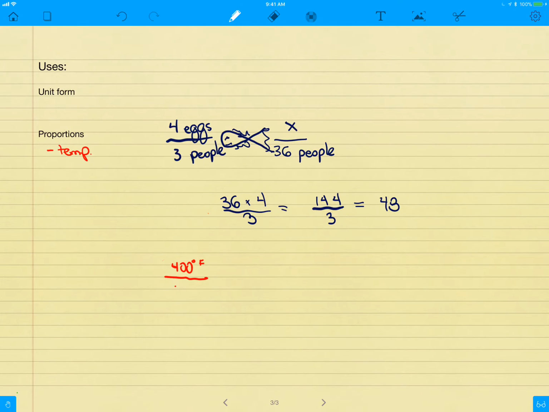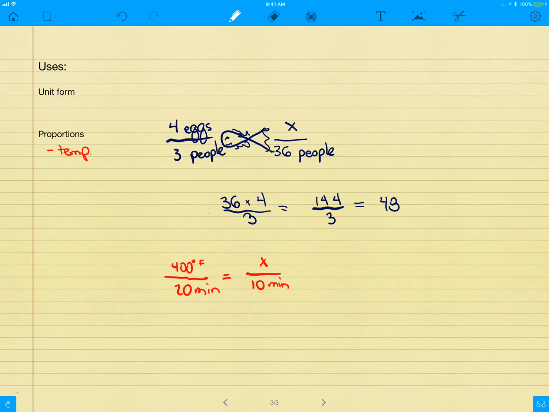And it takes 20 minutes to cook at that temperature. You can't scale this down. You can't say, well, I only have 10 minutes to cook my pizza, maybe I'm running late and I need to cook it in 10 minutes and then just go. You cannot do this proportion. It will not work. If you cross multiply and divide using the little fish method, it will not tell you the correct temperature you need to put on the oven.